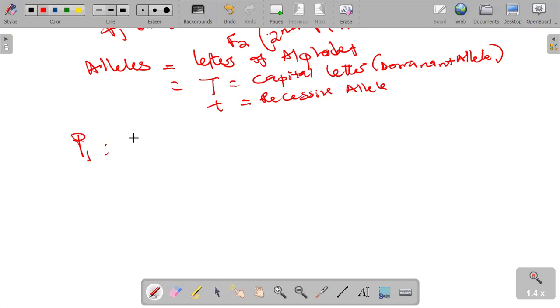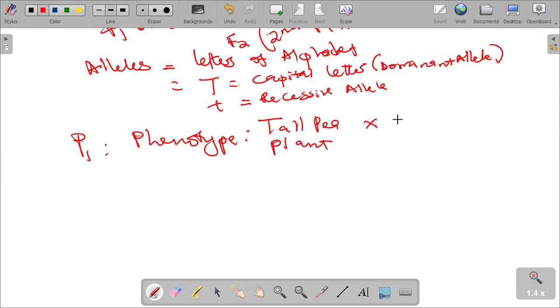For P1, we start with the phenotype. He talked about a tall pea plant being crossed with a short pea plant, and that is the phenotype.